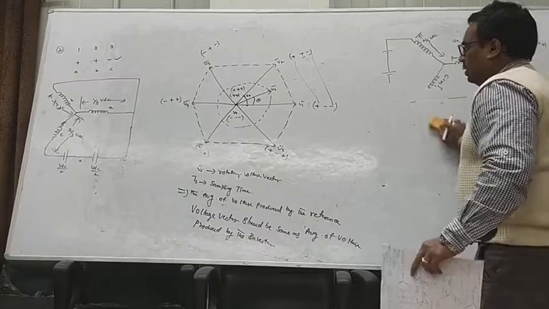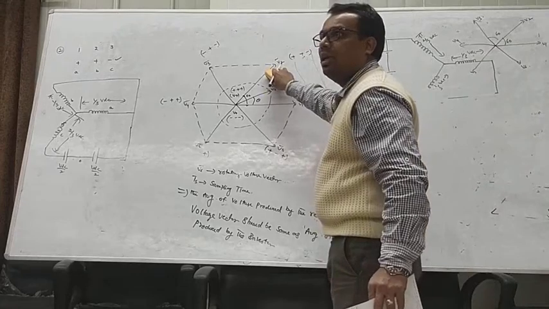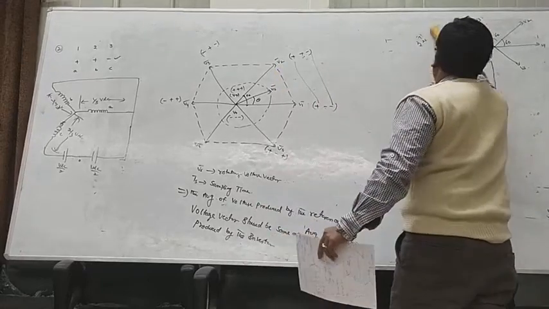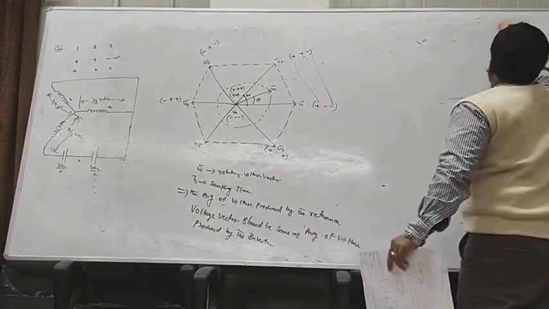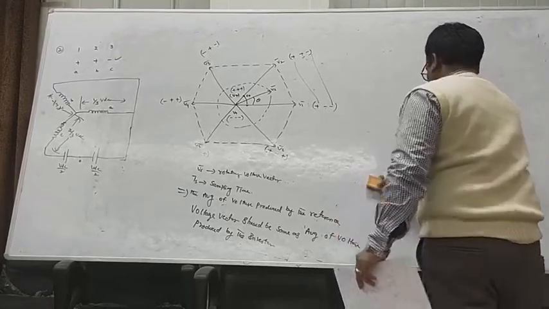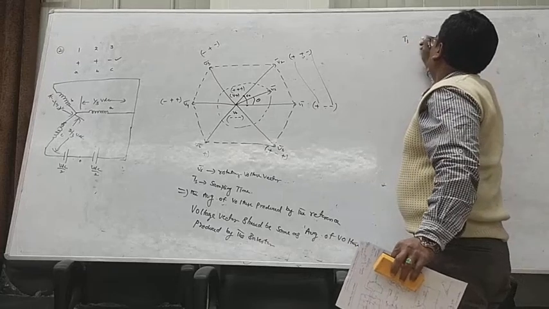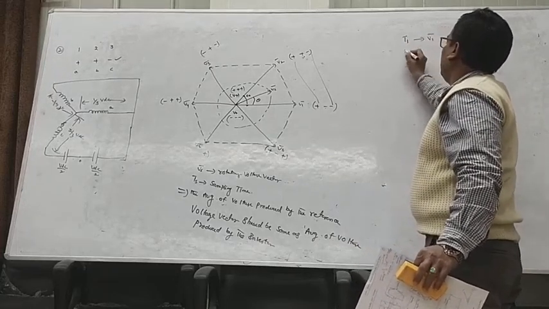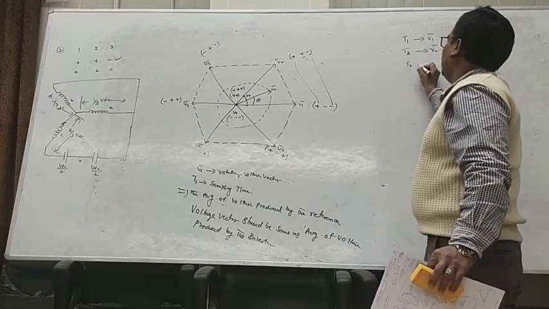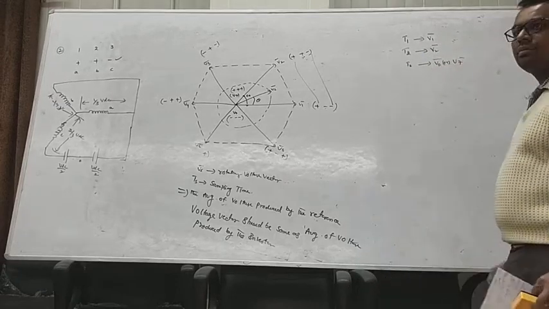Let us see, V1 is applied for the time period T1, V2 for the time period T2, and T0 for the zero time. During T1 we apply voltage vector V1, during T2 the voltage vector V2, and during the zero time we produce either V0 or V7, the zero vectors.